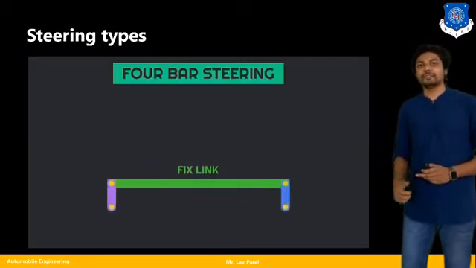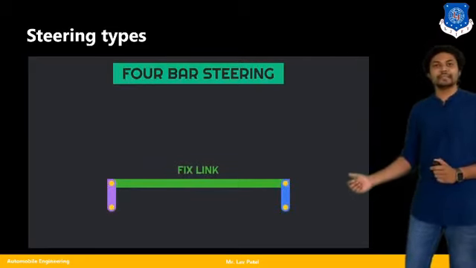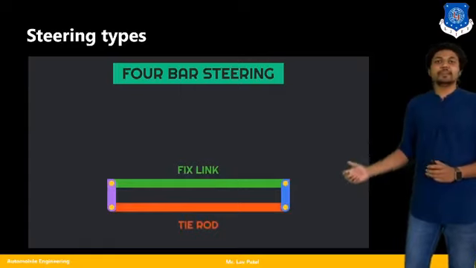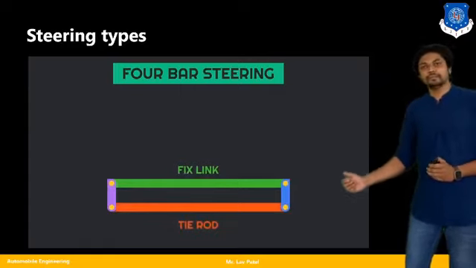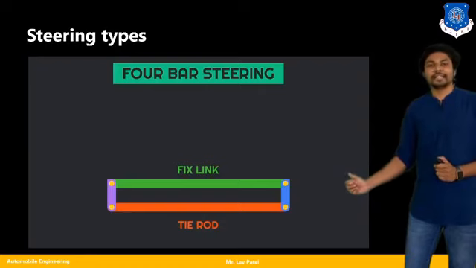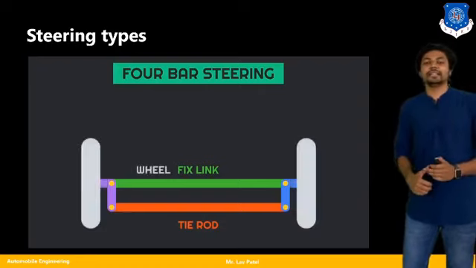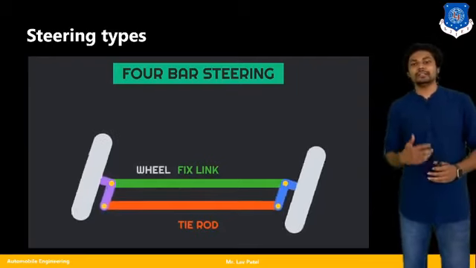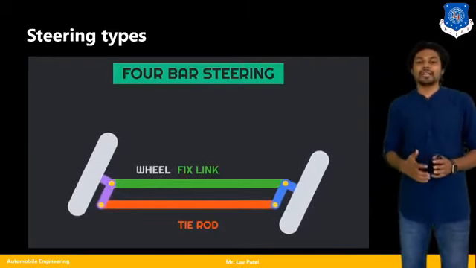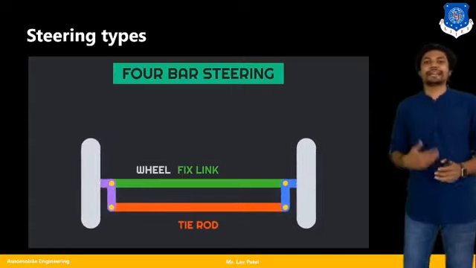In the 4-bar steering, you will find a fixed link. That link must be fixed throughout the driving, and one larger tie rod is connected with the fixed link and two other links. So giving input to my tie rod, the wheels are going to react as well.